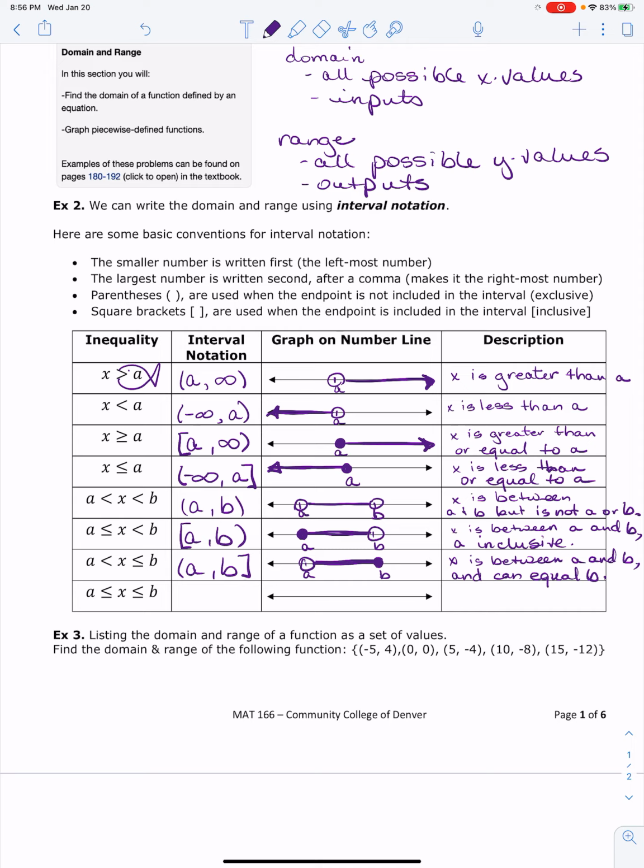and our last one, x is between a and b, and can be a or b.